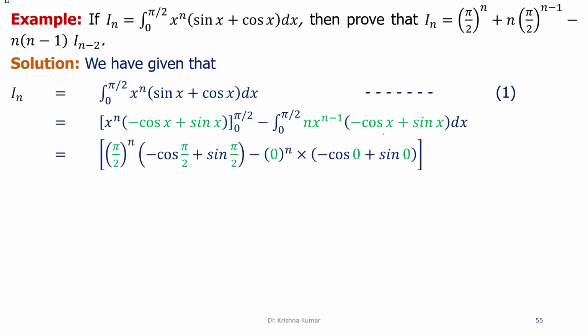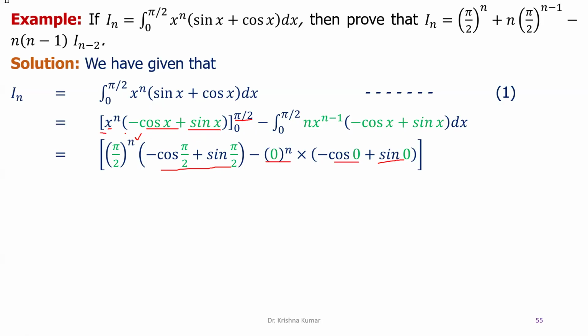Let us simplify it. We have to substitute the upper limit, which is pi by 2. x is pi by 2, so (pi by 2)^n in bracket (minus cos pi by 2 plus sin pi by 2). This is upper limit minus lower limit, where x to the power n means 0 to the power n multiplied by (minus cos 0 plus sin 0).